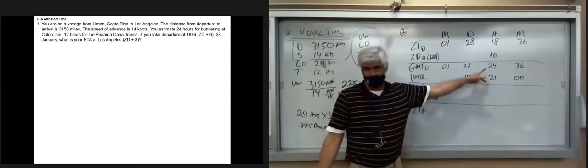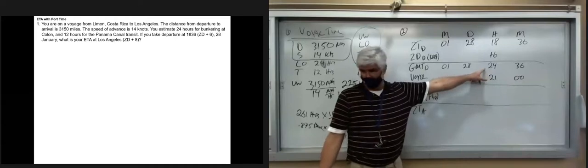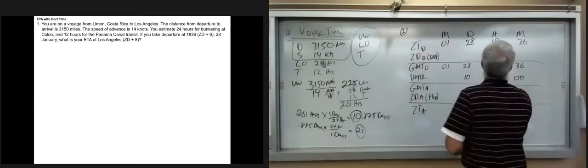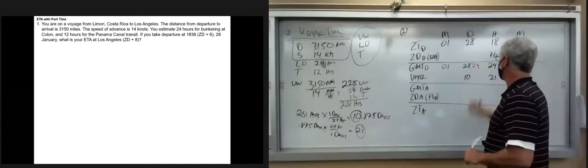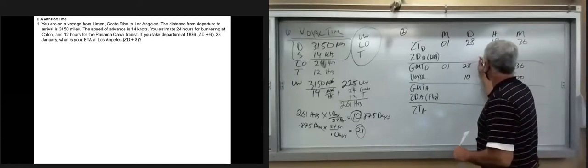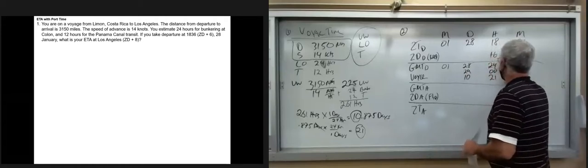Since this is going to be a big number when I add them, I think I'm going to convert it right now. What does 24 become? It becomes 0. And what does 28 become? It becomes 29. Okay? So actually, let me write it this way: 29 and 0.